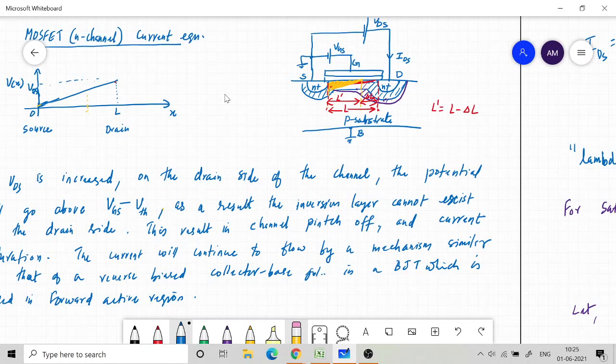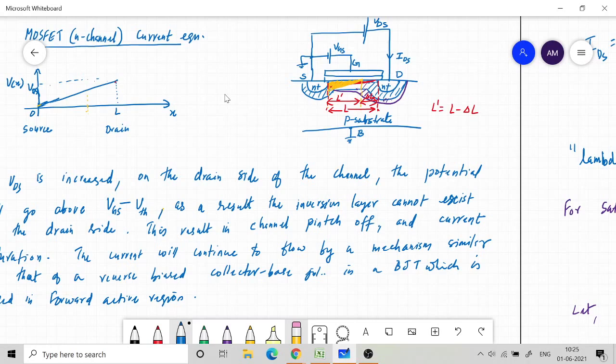The bulk voltage we can apply positive or negative. Now there is a danger in applying a positive voltage here, because you have a PN junction here. You may end up forward biasing the PN junction, and that will spoil every operation of this device. You should never forward bias this PN junction, because current will flow from bulk to source.